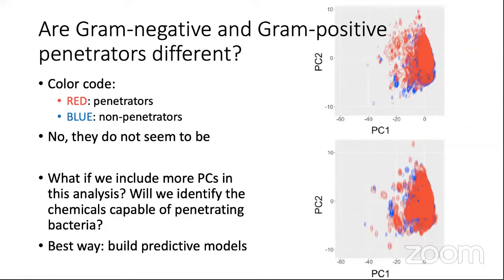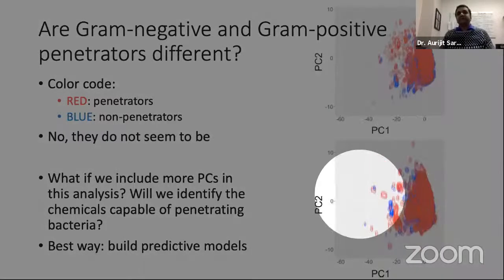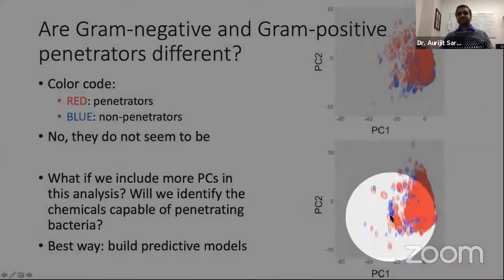So the next thing we wanted to do is to try and use mathematical methods to do it for us, to identify if there are differences between penetrators and non-penetrators, so that we don't have to resort to crude methods such as just visualizing things in 2 dimensions.